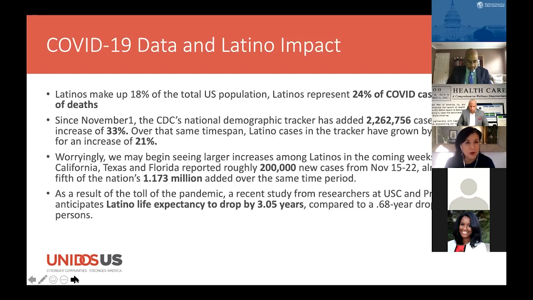But first and foremost, we really wanted to lead a public health response, really educating our community, oftentimes in the language that they prefer to receive information, and reaching out through a number of different campaigns and information through our town halls, very similar to what 100 Black Men has been doing in a number of different areas, but really expanding the breadth, not only in how the impact has been on the health of Latinos, but also on the housing impact, economic impact, and the educational impact of our communities.